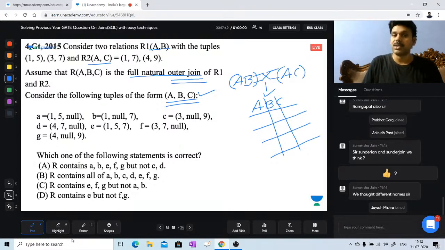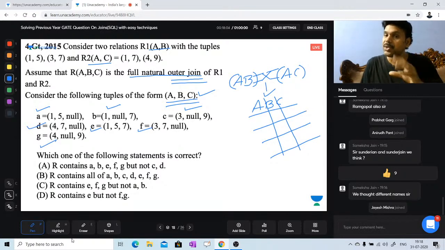So what tuples are going to come? He has given a few tuples. A is 1 5 null, B is 1 null 7, C is 3 null 9, and D is like this, E is like this, F is like this, G is like this. How many will come into this table? Please understand, it is outer join, full outer join.